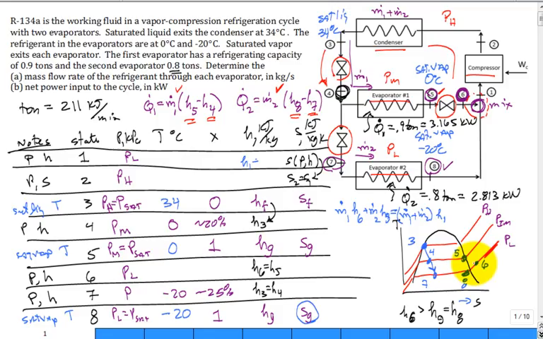It could be 50-50 in between. It could be 40-60 in between. It'll depend on the relative mass flow rates. If the mass flow rate going through the first evaporator is a lot higher than the mass flow rate going through the second evaporator, then H1 will be a lot closer to H6. Right?